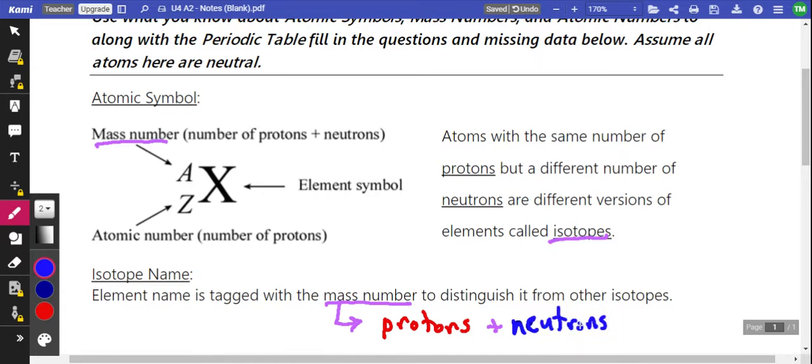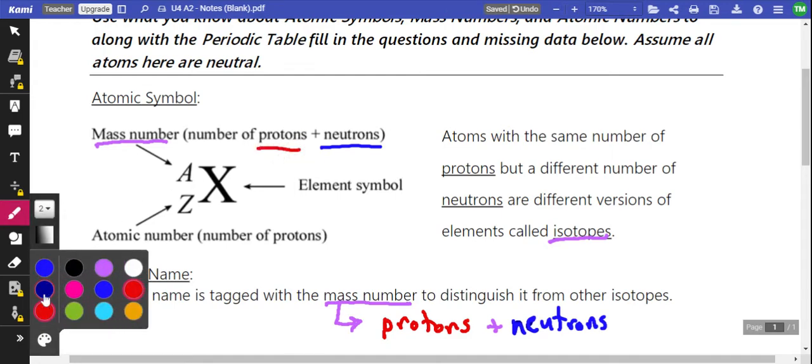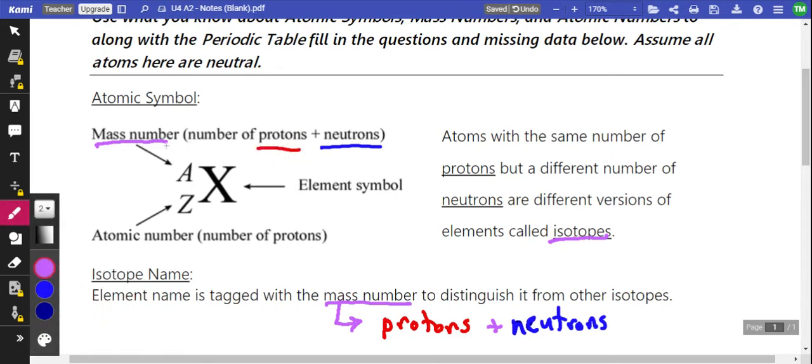Neutrons. So the number of protons plus the number of neutrons is what gives us the mass number. Okay. Well, in an isotope name, we just write out the name of the element like we normally would, like, say, carbon.